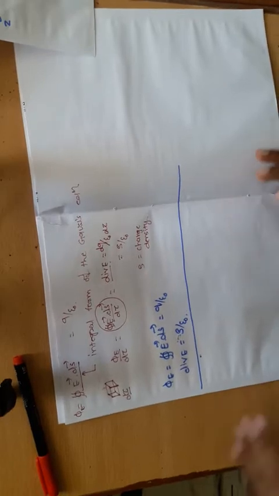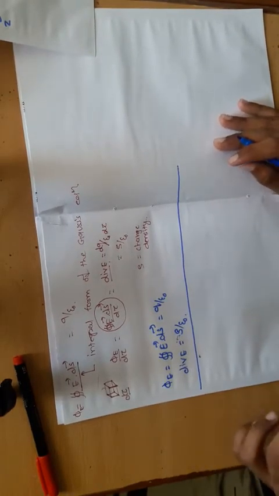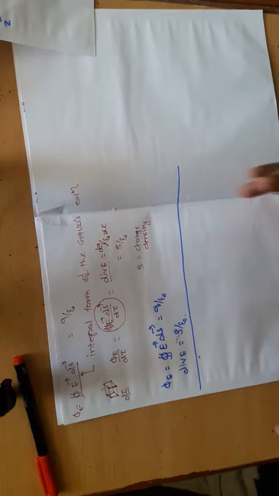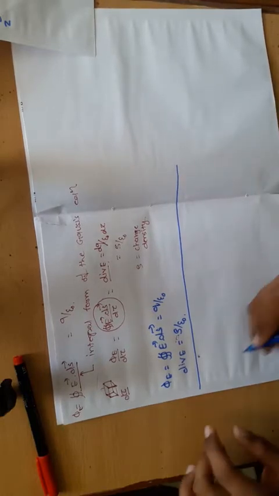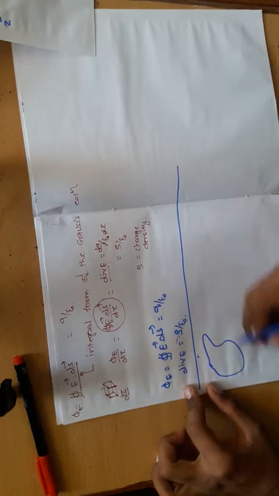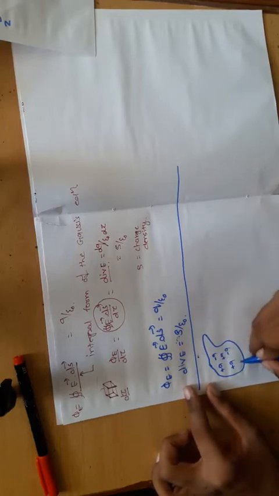Now I will see the three cases from this equation. Before I go for this, I would like to clarify what is the total charge enclosed by the surface. Suppose I have this closed surface, and here are many charges, positive and negative.